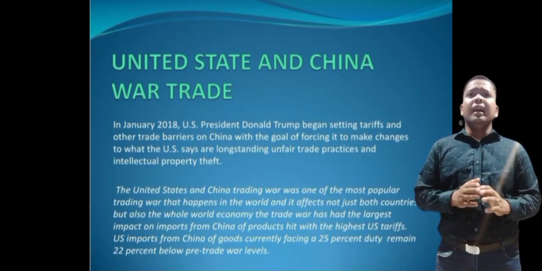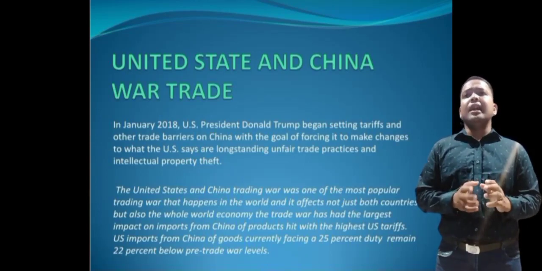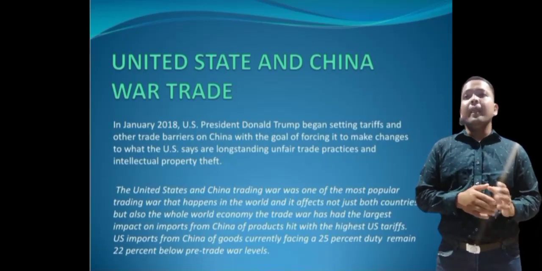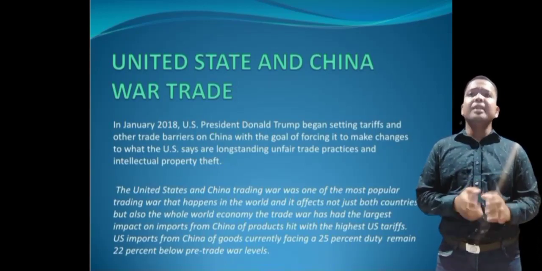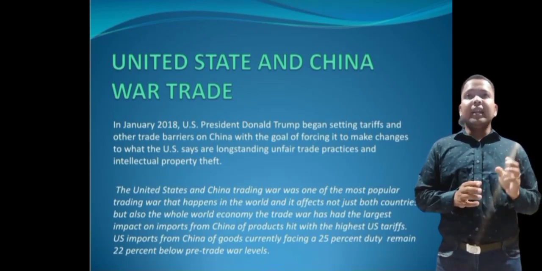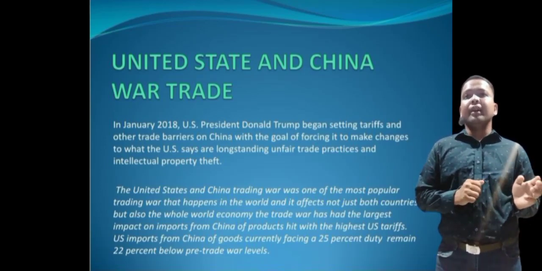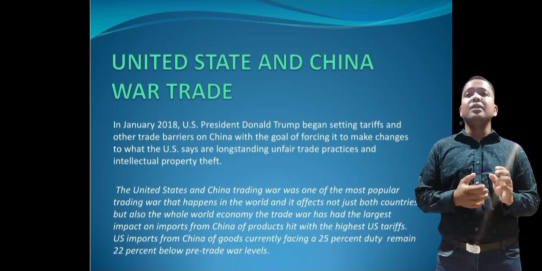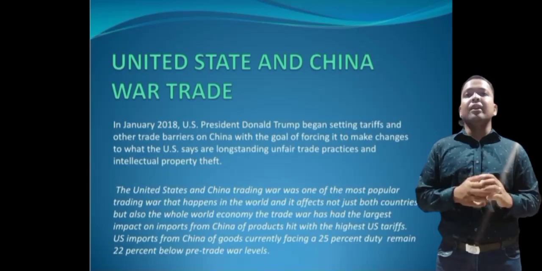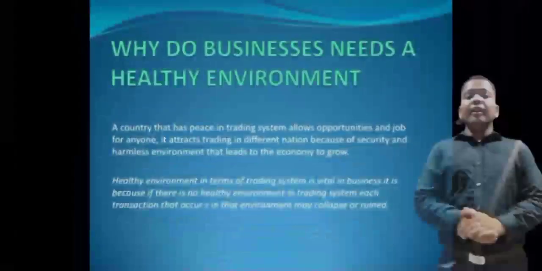The US has sought to reduce its reliance on Chinese goods by encouraging domestic production and diversifying its supply chains, while China has sought to boost its domestic consumption and reduce its dependence on the US market.